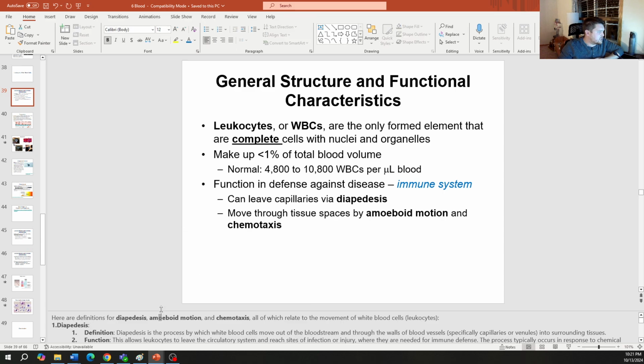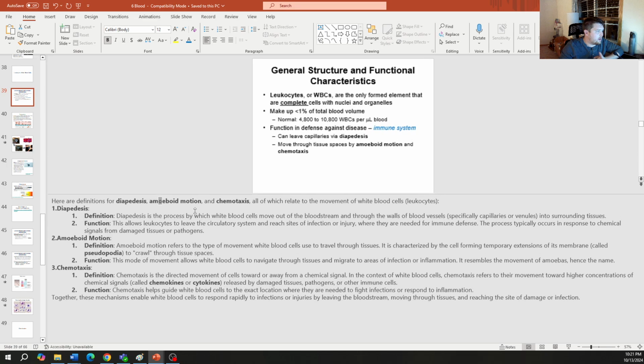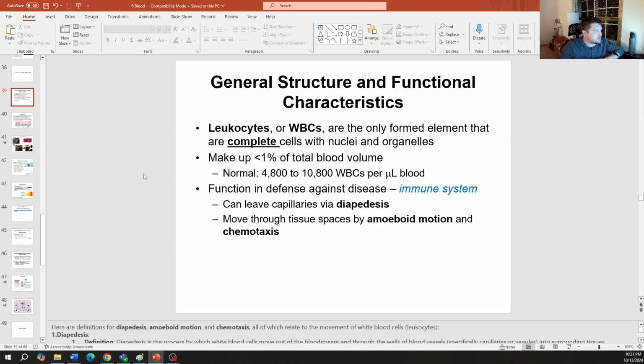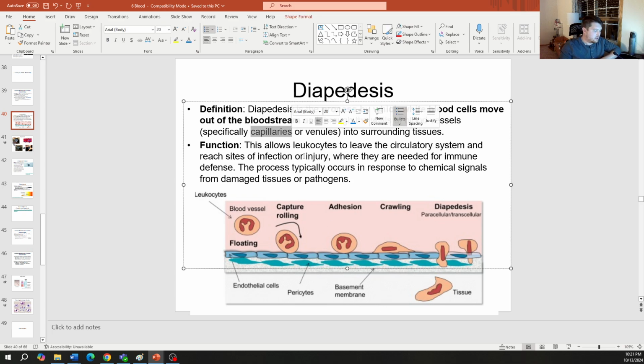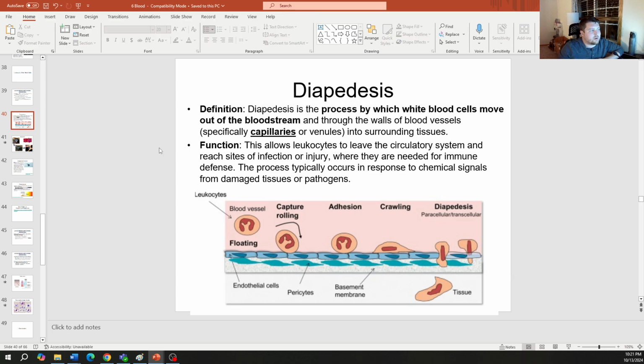I have some more definition information down here about all of that, but it's also going to be on the future slides. So diapedesis is the process by which white blood cells move out of the bloodstream. You don't need to know all of the nitty-gritty details about this, just that it's the process where the white blood cell goes from floating and moving along through the blood vessel to getting out through the wall of the vessels, specifically the capillaries, into the surrounding tissues.